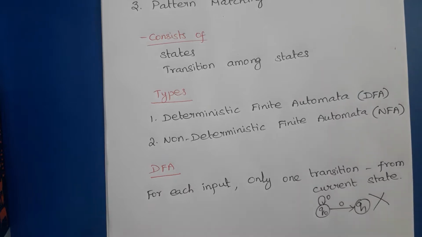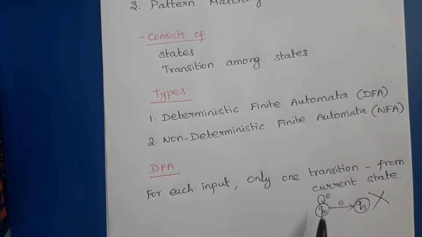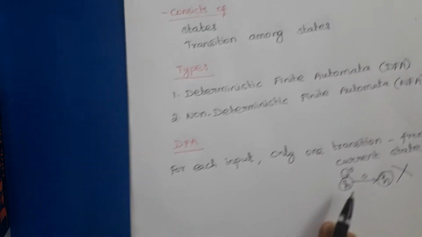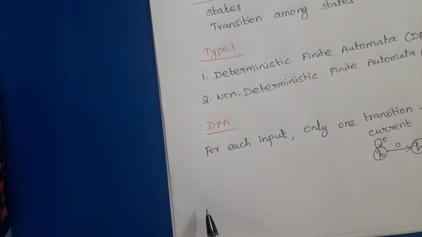So this is wrong in DFA. For each input symbol, only one transition is possible from the current state. But this is possible in non-deterministic finite automata, because in deterministic finite automata the next state, the transition, is determined.